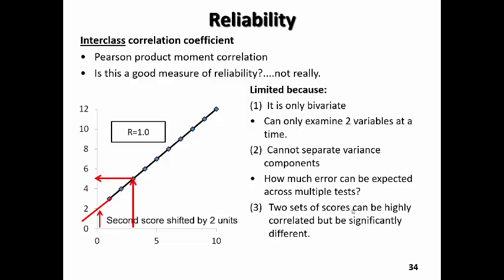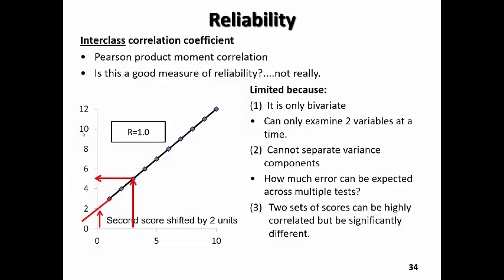Two sets of scores can be highly correlated but still be significantly different, and that's what we see here on the graph on the left hand side. Here we see one set of scores along the x-axis, another set of scores along the y-axis that are perfectly correlated, but they're not the same score.